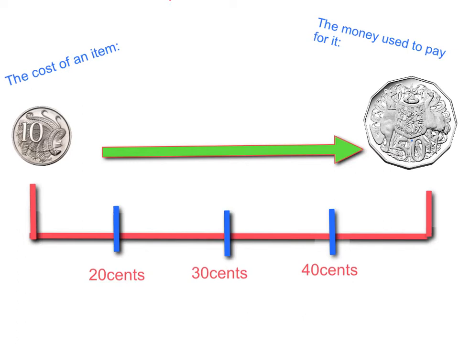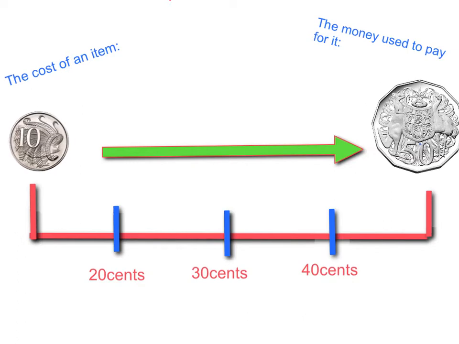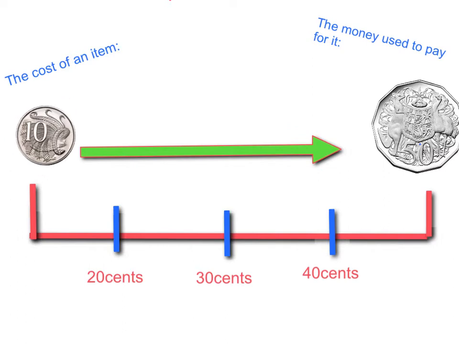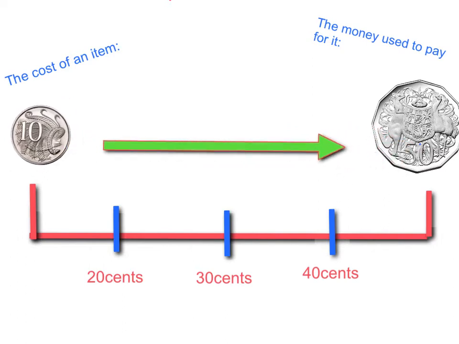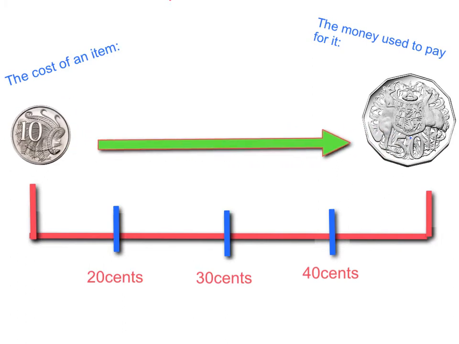So in between 10 cents and 50 cents, there's a fair bit of money. We've got 20 cents, 30 cents, 40 cents, and right there we're jumping up in 10 cents. So we need to figure out what is the difference between the cost of an item and all the way up to the money that we use to pay for it, because this difference in between is how much our change is.